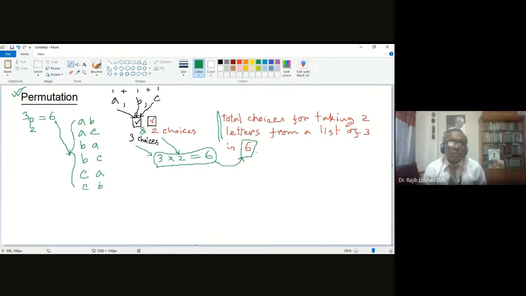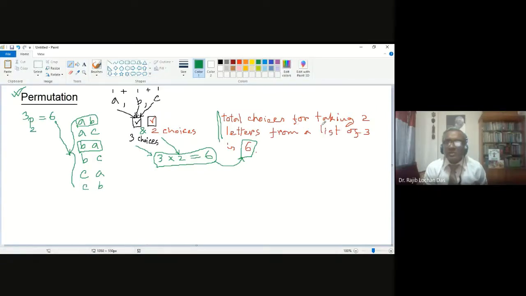AB is one arrangement and BA is another arrangement. This is another understanding in permutation: the order is very, very important, like which one is first and which one is second.